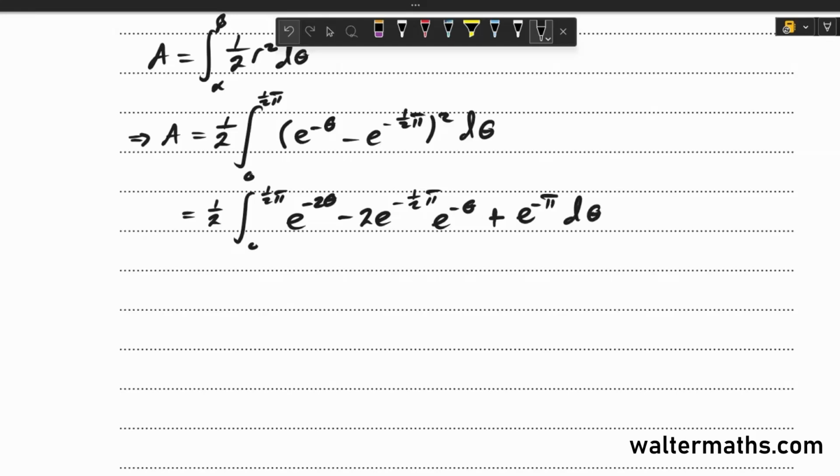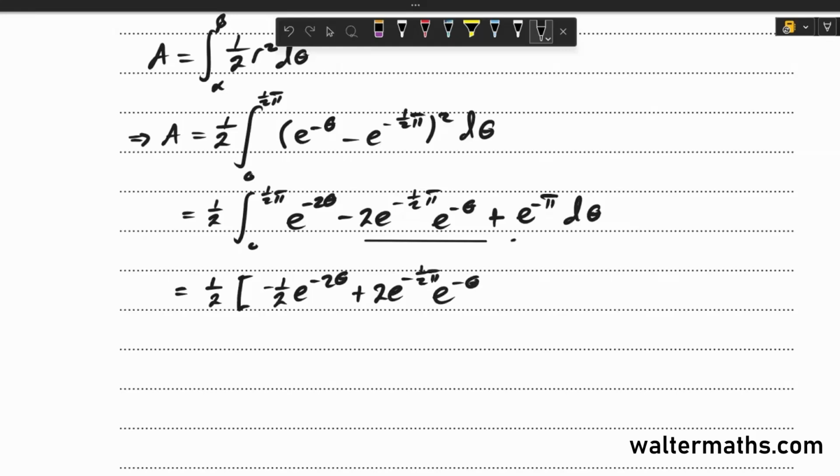So now integrating, for integrating e to the minus 2 theta, we get minus a half of e to the minus 2 theta. And here, if we integrate e to the minus theta, we get minus e to the minus theta. So that minus with this minus will give us plus. So we have plus 2e to the minus half pi, which is a constant, of e to the minus theta.